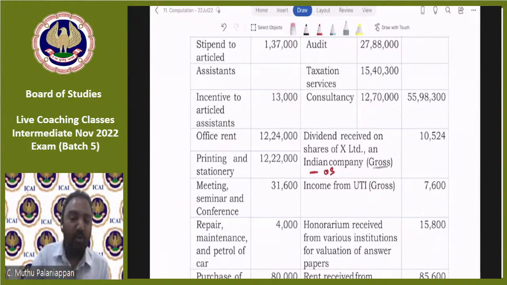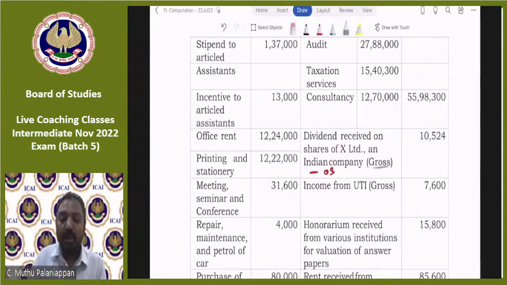And when you read this word gross and see this amount 10,524, you should also remember that this dividend is subject to TDS because it is above 5,000. So TDS should have been deducted at 10%. You can mark it and keep it in case the question demands tax demand.